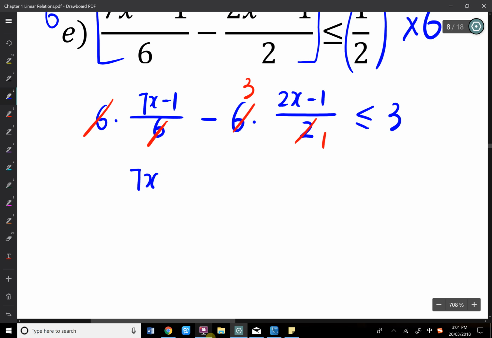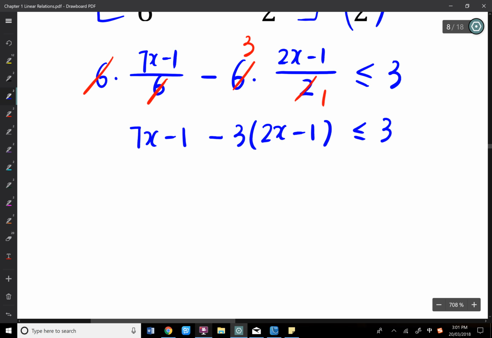So it's 7x minus 1 minus 3 times bracket 2x minus 1, less than or equal to 3. Do not expand it directly. Let's put the bracket there to make sure all the signs are correct. So we have 7x minus 1 minus 6x and then plus 3, less than or equal to 3.